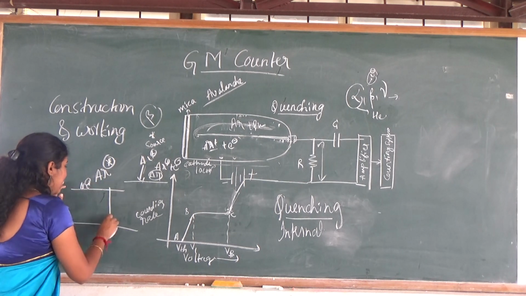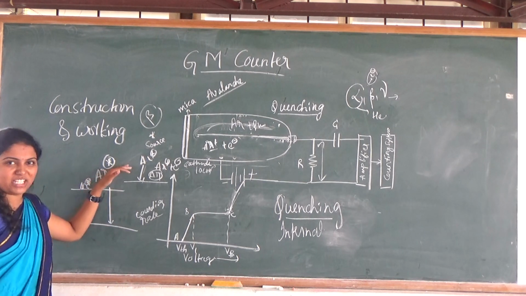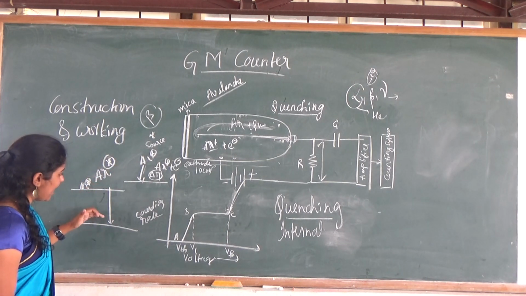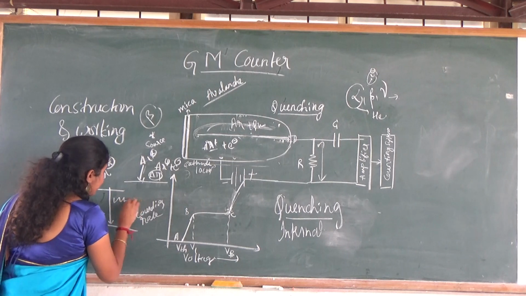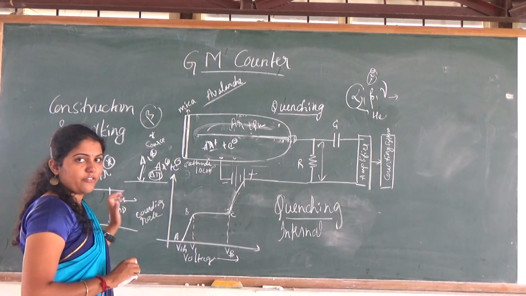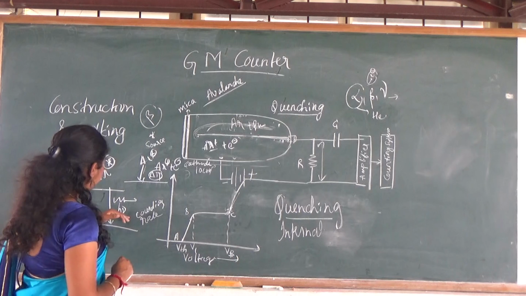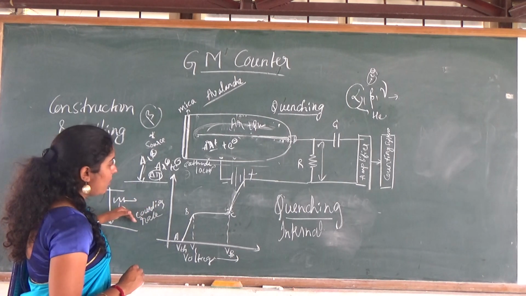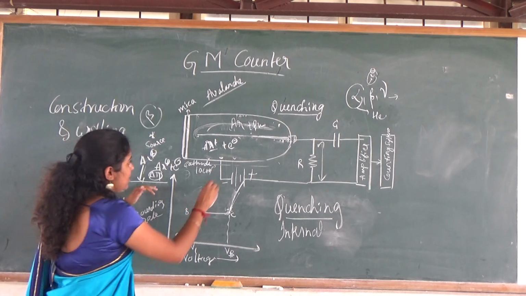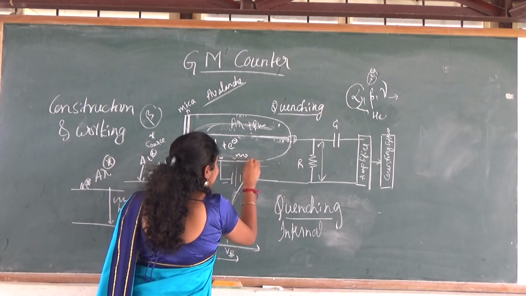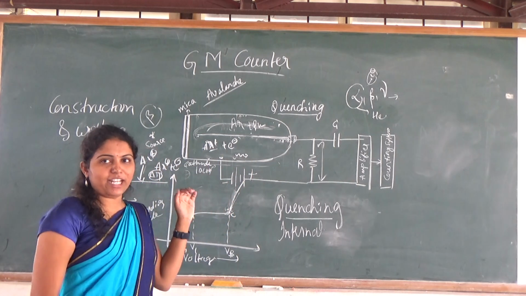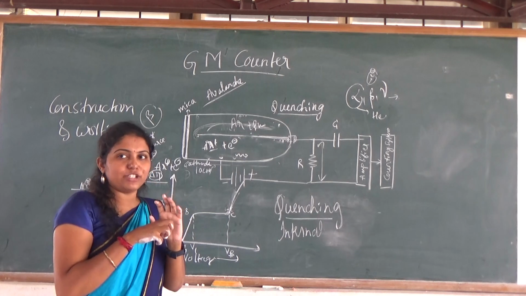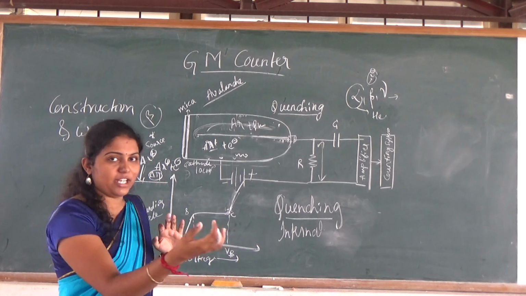During de-excitation of the excited atom, which we refer to with a star, there is an emission of a photon of energy hν. This photon will hit the cathode. You know the photoelectric effect, right? When a high energy photon is incident on a metal, there is an emission of an electron.